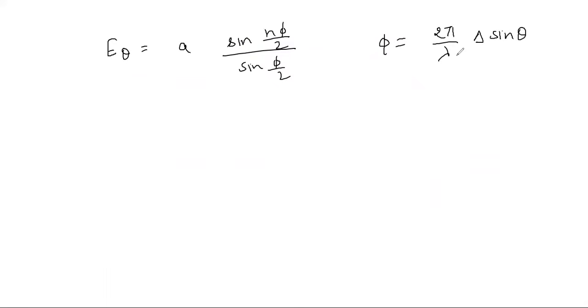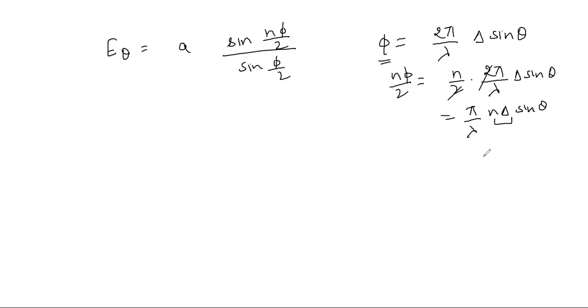We defined this phi. In this expression now, if this is phi, then what will nφ/2 be? n by 2 into 2π by lambda into delta sin theta. The 2 cancels with 2, giving π by lambda and delta sin theta.